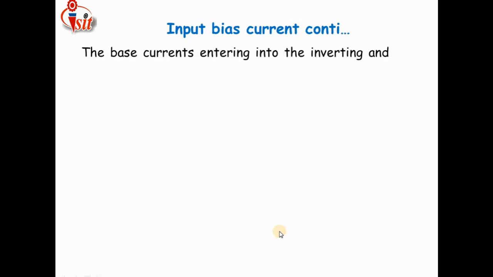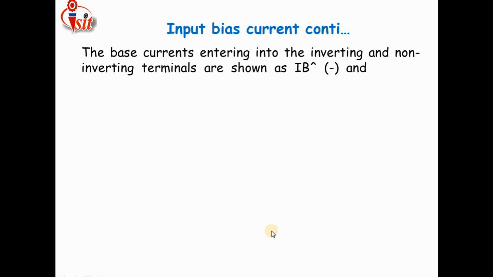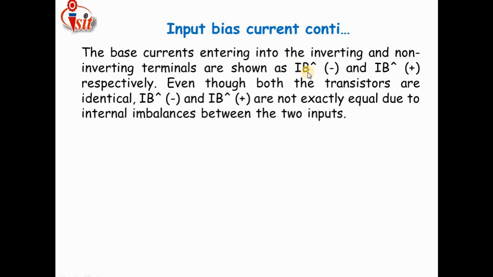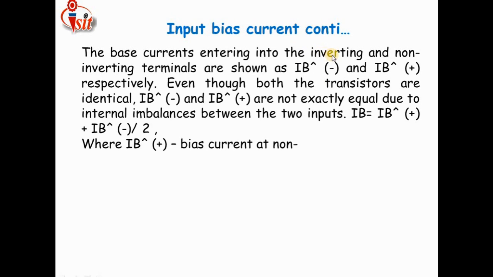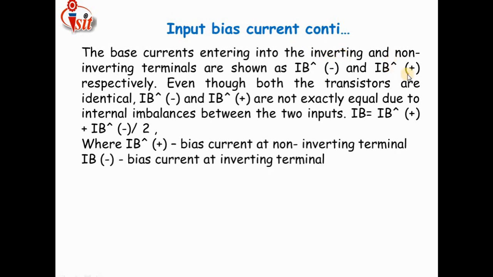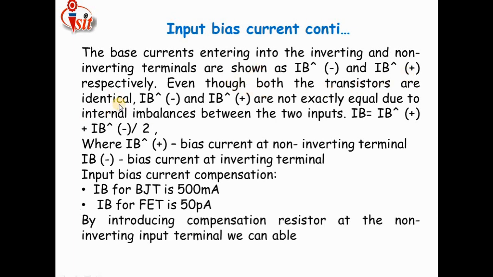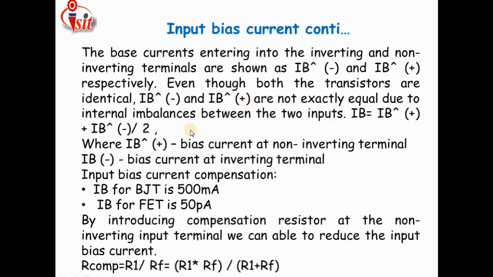Continuing with this, the base currents entering the inverting and non-inverting terminals are shown as IB. The negative bias current IB minus is related to the inverting terminal of the op-amp, and the positive bias current IB plus is related to the non-inverting terminal. Even though both transistors are identical, IB minus and IB plus are not actually equal due to internal imbalance between the two inputs.